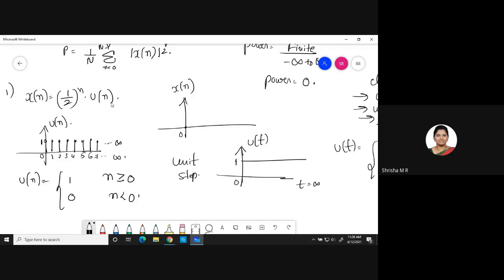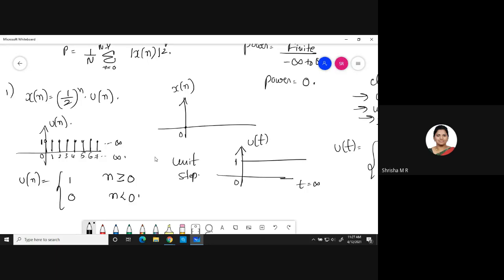So at n is equal to 0, what will be the signal? Half to the power of 0 into 1. What is that? Amplitude? Half to the power of 0. It's 1, right? I'll explain once again.